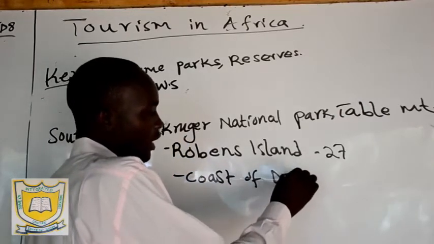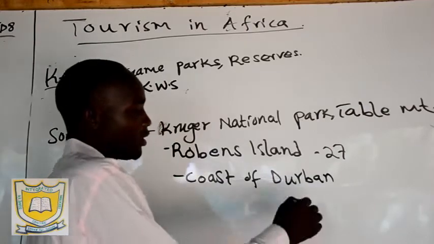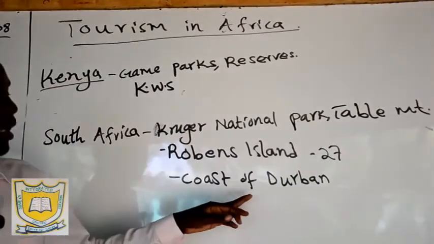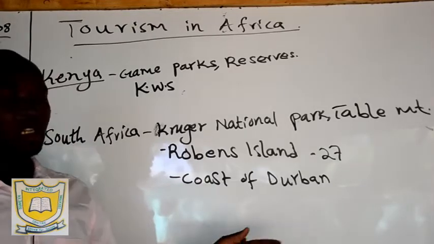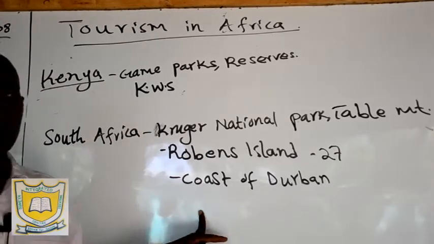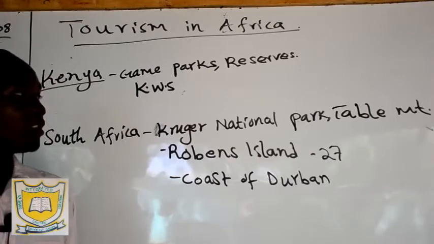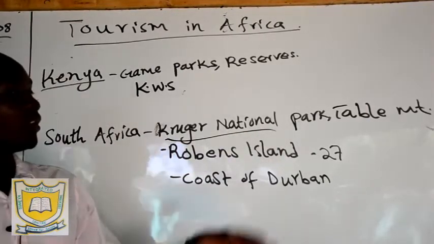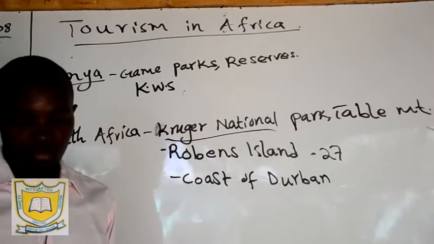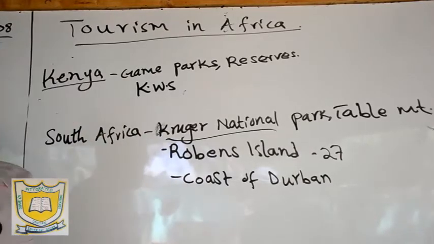We have a town in South Africa called Durban, and it's just along the coast. So this one also attracts tourists because we have said along the coastal areas we have sandy beaches. But majorly we have Kruger National Park wildlife, and then we have Table Mountain. So those are the tourist attractions in South Africa.